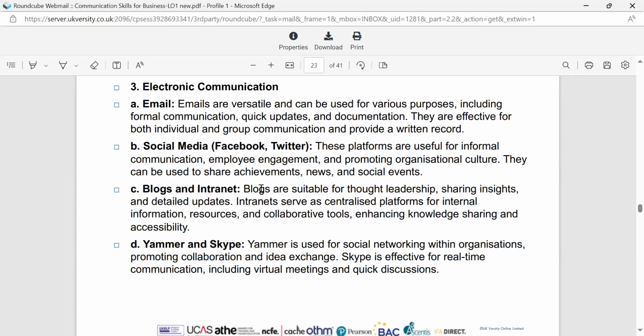Another one is video conferencing, which enables geographically dispersed participants to bridge the distance between them and connect virtually face-to-face using webcams and microphones for an interactive experience, like on a real-life screen. And then Yammer and Skype.